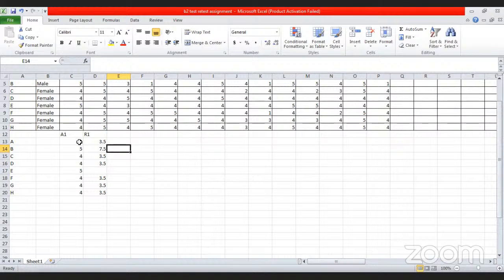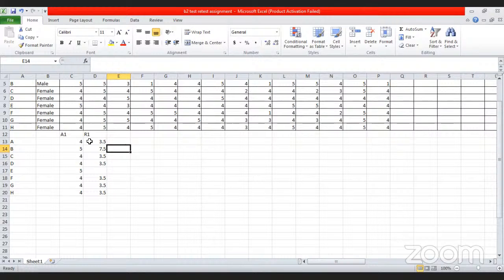Hello? Yeah. 4 is the lowest score, so we have to provide the first rank to it. But there are 6 4s: 1, 2, 3, 4, 5, 6. So we have to do 1 plus 2 plus 3 plus 4 plus 5 plus 6 divided by 6, because 4 is there 6 times.